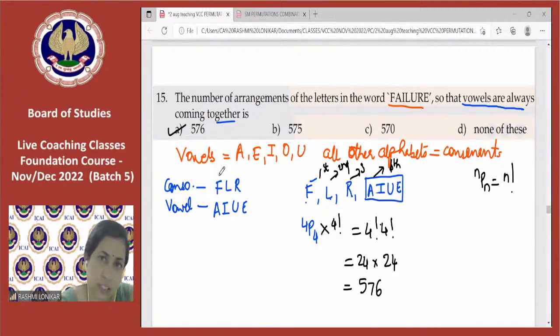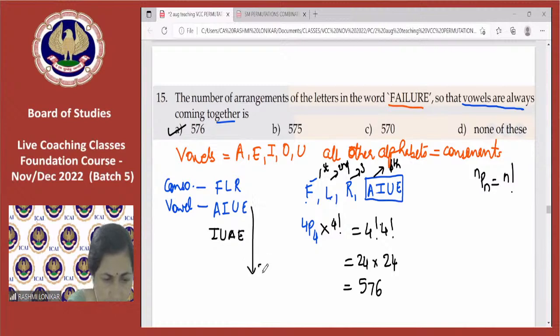And then I arrange the letters, and the 4 vowels I can also arrange among themselves. Like I can have A-I-U-E or I-U-A-E, so many different ways. How many different ways are there? 24 different ways, because it is equal to 4 factorial ways in which I can rearrange the vowels. So that is why the letters F, L, R and this vowel block are taken as 4P4, and within the vowels it is 4 factorial.